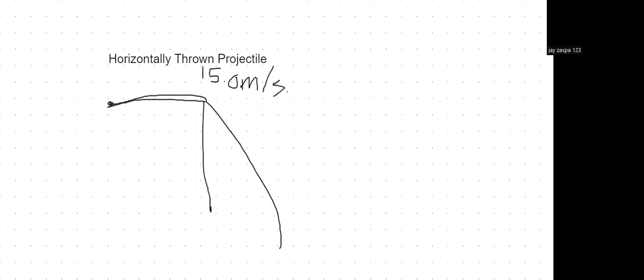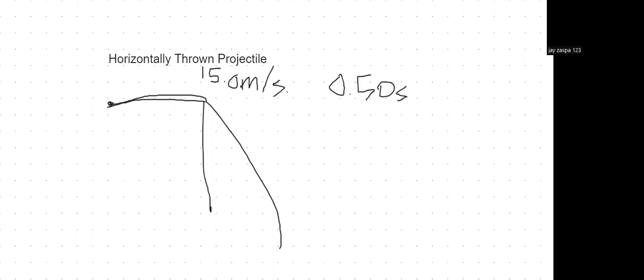So in the sentence here, in hitting the floor in 0.50 seconds, how far does it travel vertically and horizontally?